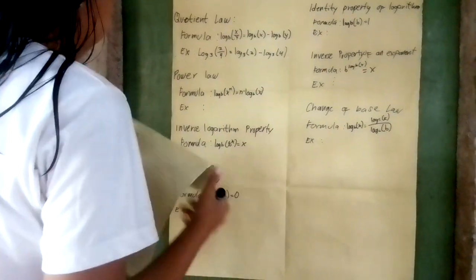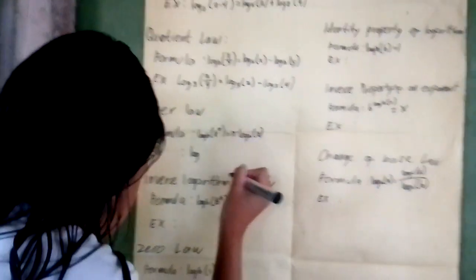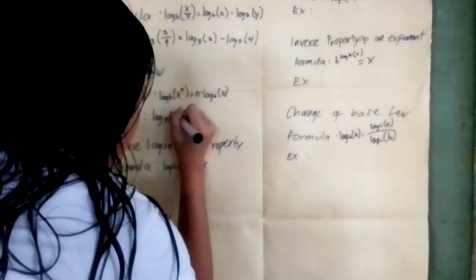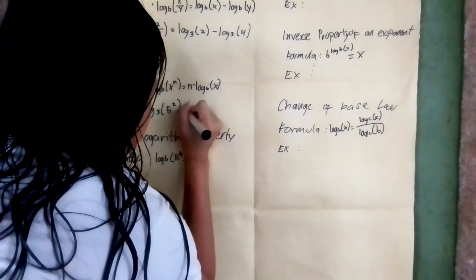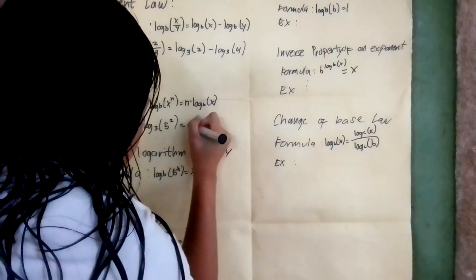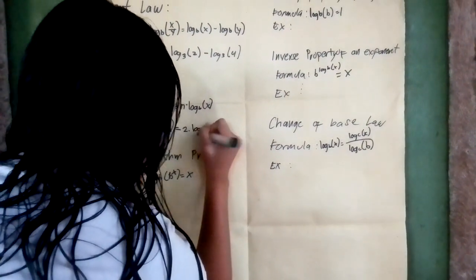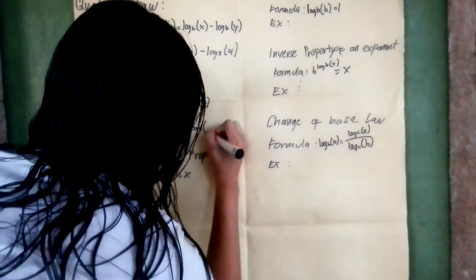The example for the power law is log base 3, quantity of 5 to the exponent of 2 equals 2 times log base 3, quantity of 5.